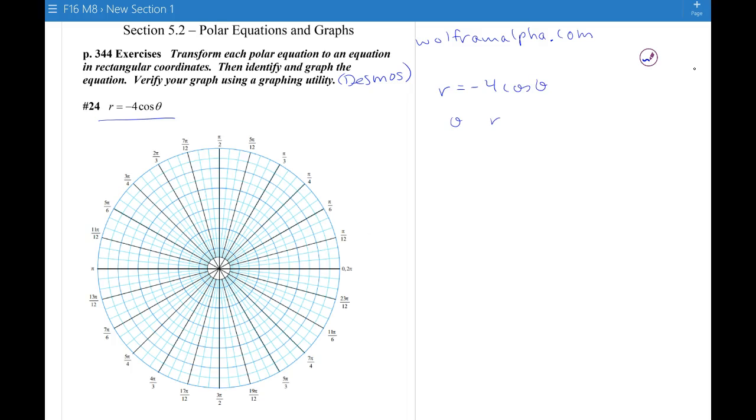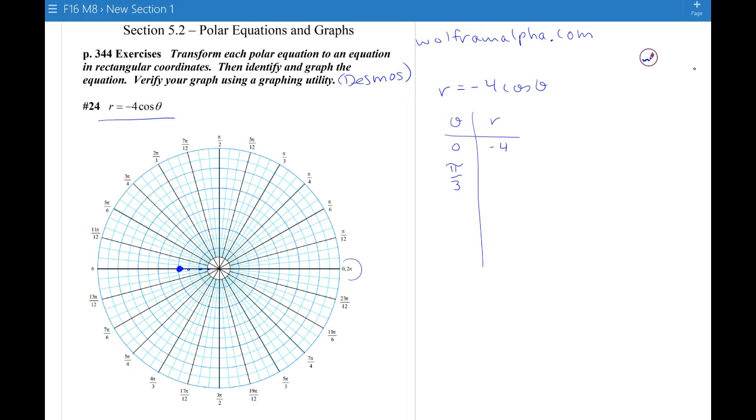So let's make a little chart with theta and r. And I like to start with theta is 0. The cosine is 1, so r is negative 4. So when theta is 0, we go 1, 2, 3, 4 backwards through the pole. Okay, and then cosine, that'll be easy to calculate when theta is pi over 3.